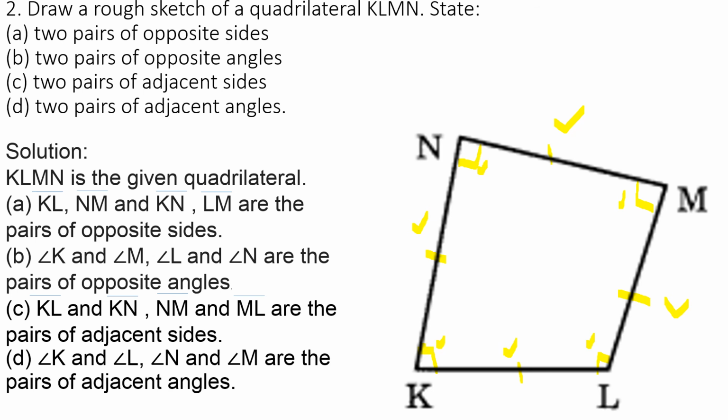Yes, of course you can write L and M also as adjacent, or K and N also adjacent. That is also correct. Here I have given you only one solution. You can write your own answers. Once you understand what adjacent sides and adjacent angles mean, you can write your own answers.